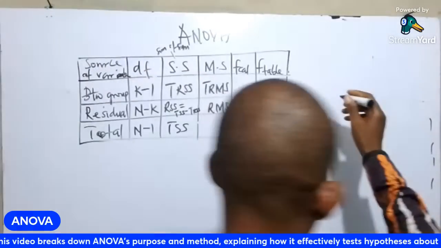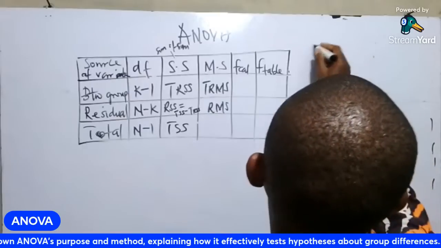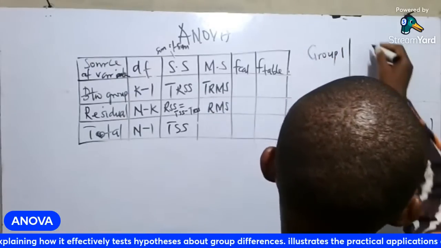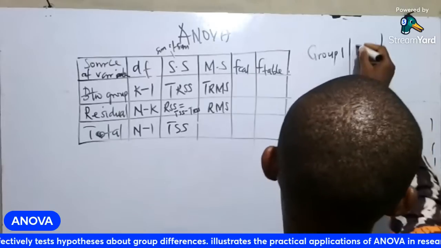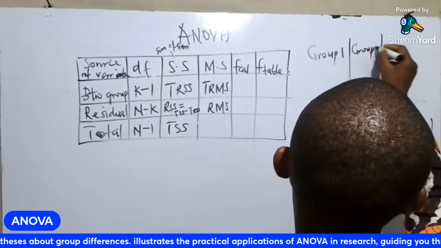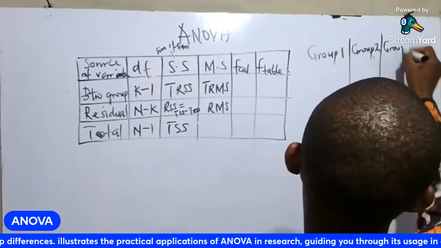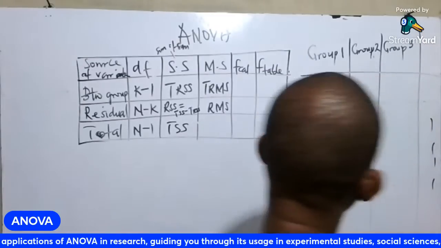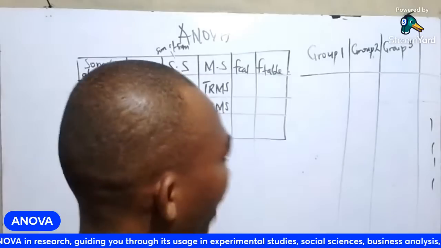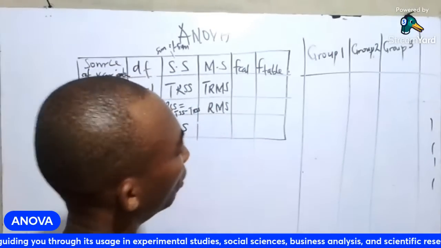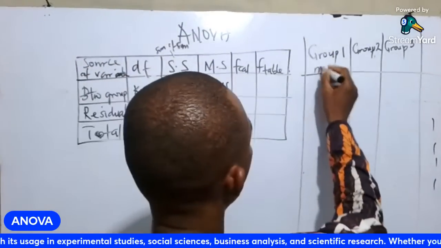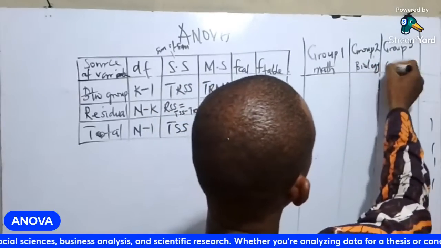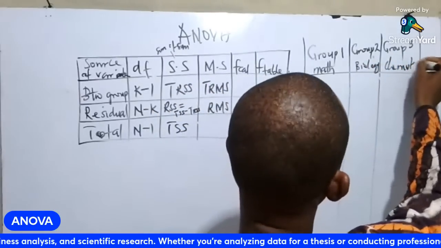So they were majors. Look at them, 3 groups: group 1, group 2, and group 3. Of course, you have to make use of analysis of variance because it's already 3 groups. Group 1 is mathematics, group 2 is biology, group 3 is chemistry.